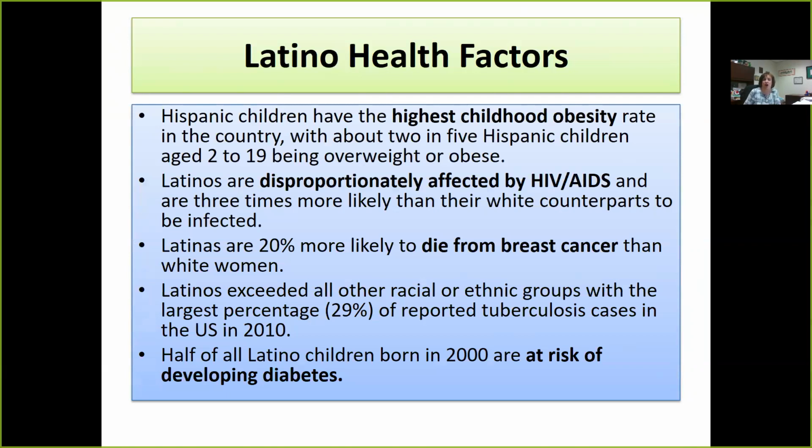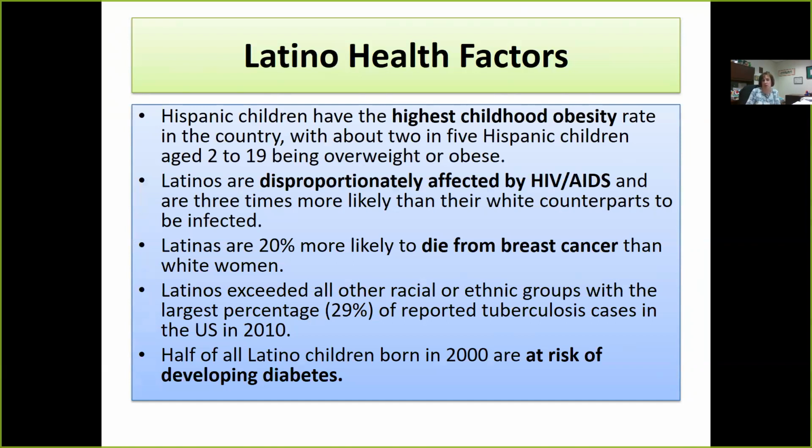Hispanic youth have the highest childhood obesity rate in the country. About 2 in 5 Hispanic youth are considered overweight or obese. Latinos are disproportionately affected by HIV or AIDS, and they're 3 times more likely to be infected.